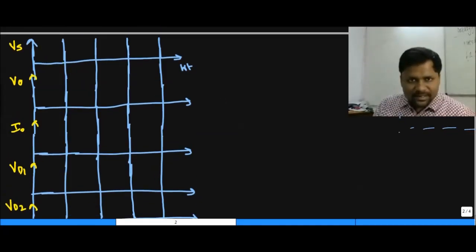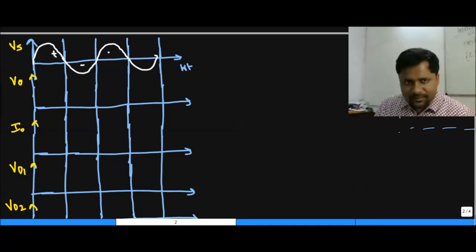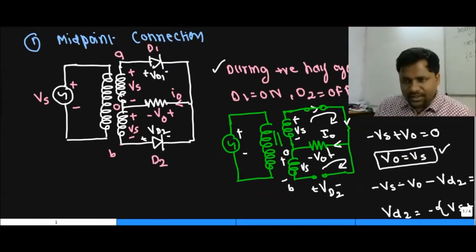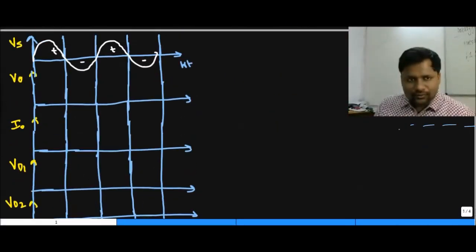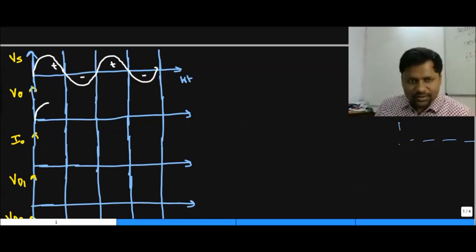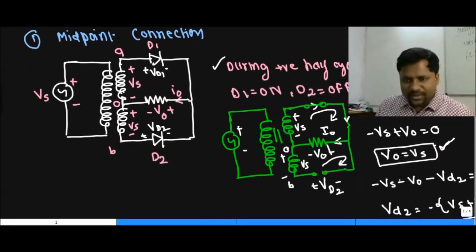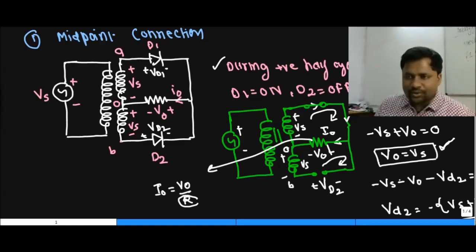The supply voltage is positive, then negative, then positive, then negative. During the positive half cycle, we obtain an output voltage of V0 equals Vs. The expression of the current, from the circuit, is I0 equals V0 divided by R. The magnitude of the current is going to be reduced because the resistance comes into the picture.